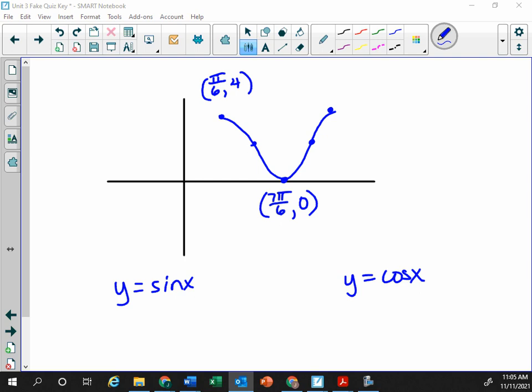If you think you've got it, you can hold it up and I'll check you. Your cosine looks good. Your sine, you're close. Your phase shift is off. Hold on, let me think about your sine one because I went right, not left.